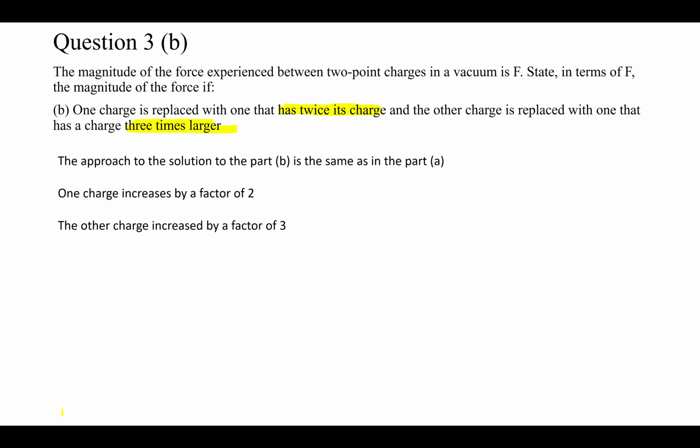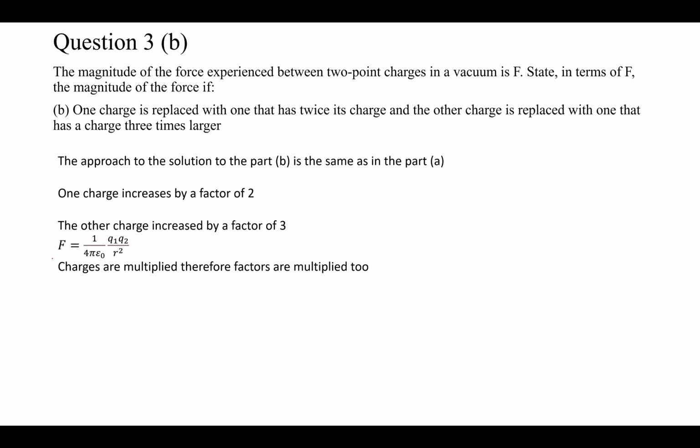Okay, now let me grab a pen. Beautiful. So has twice its charge, so one charge is increased by a factor of 2. Fantastic. Now we write it down here. The other charge is replaced with one that has a charge 3 times larger, so we write it down here. The other charge increased by a factor of 3, so 3 times larger is the same as increased by a factor of 3. Okay, now I've got it here. Next one.